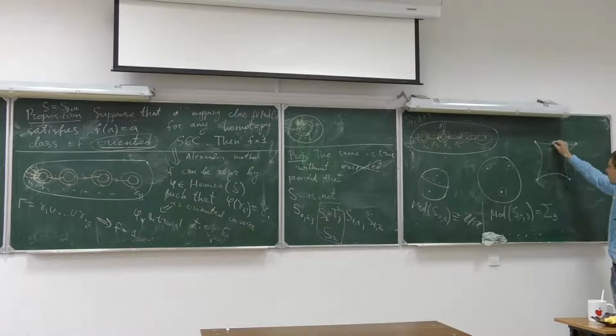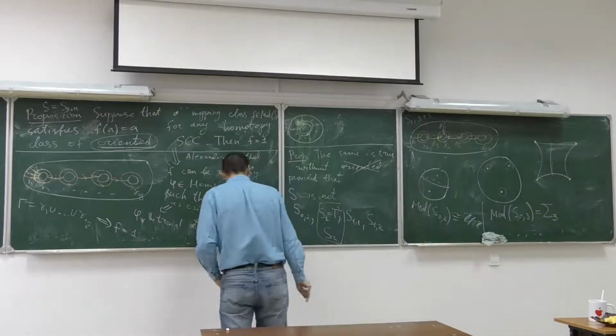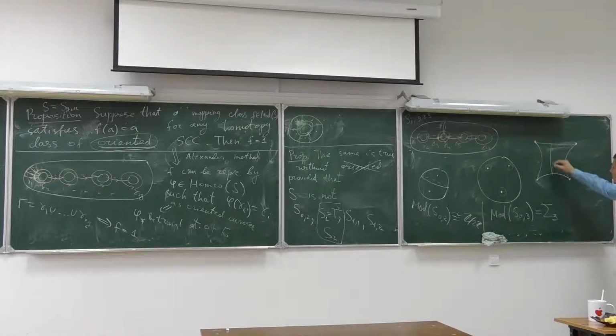Here we have curves like that separate 2 cusps from another 2 cusps. They are not homotopic to a boundary of a puncture, so they may be non-trivial. Here we have the following set of 2 curves which fill the surface.